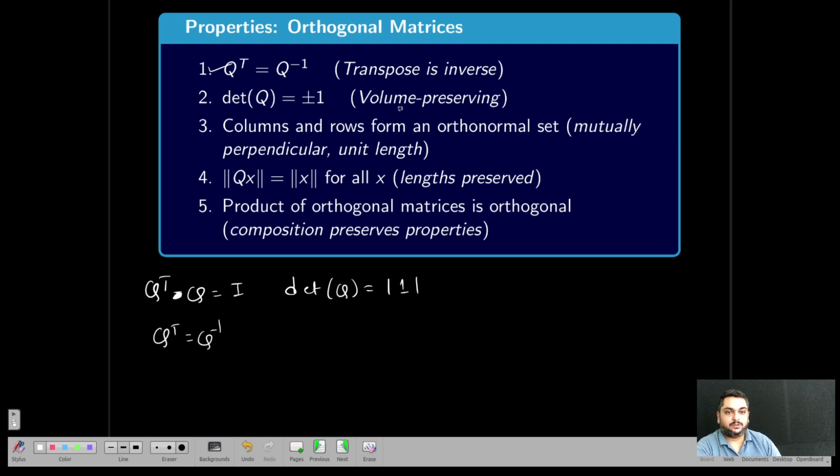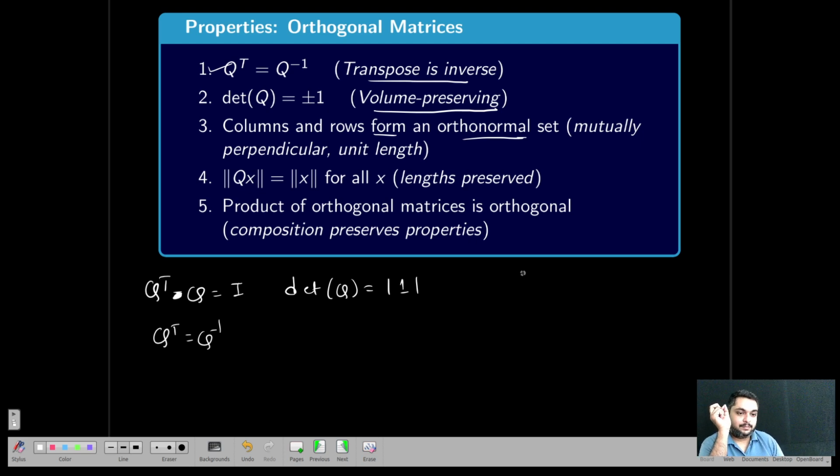Only the direction will change. So that is called volume preserving. See, for an orthogonal matrix, its transpose is its inverse. Volume preserving means they will not stretch or shrink in this space. Columns and rows form an orthonormal set. These columns and rows form an orthonormal set, that is mutually perpendicular and unit length.